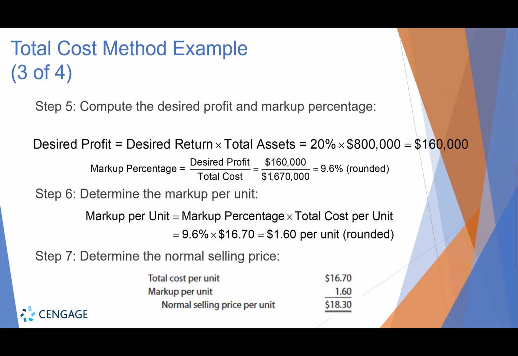We take our desired profit of 160,000 and we come up with a markup of 9.6% per unit. So if our cost is at $16.70, we'll add our markup at 9.6% to come up with a selling price of $18.30 per unit.